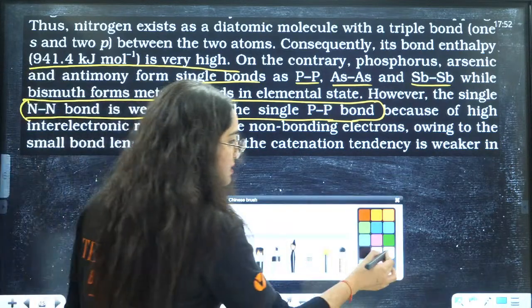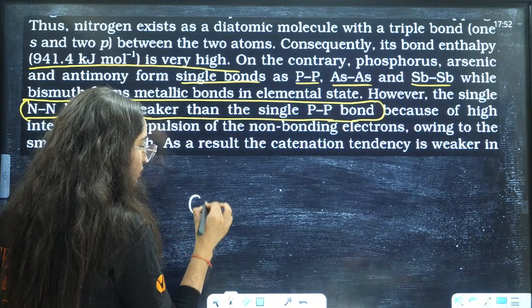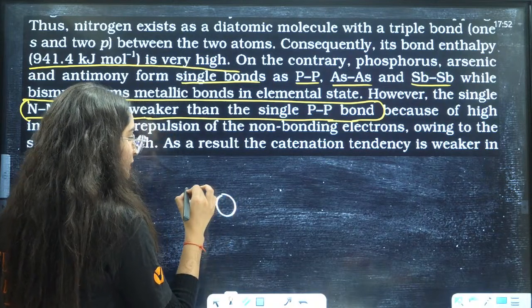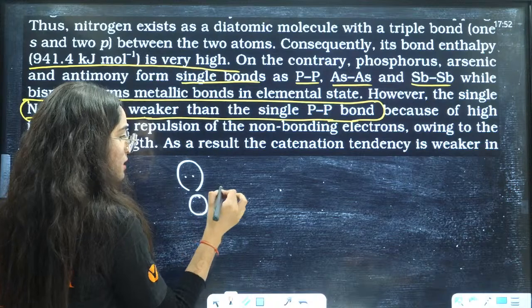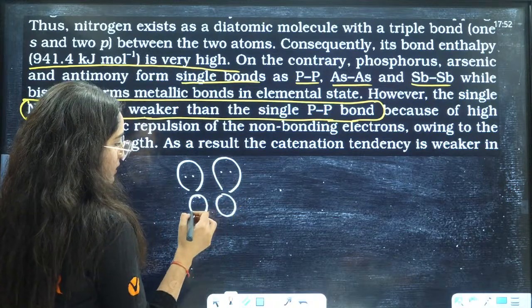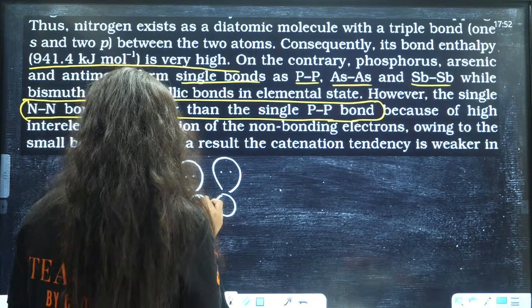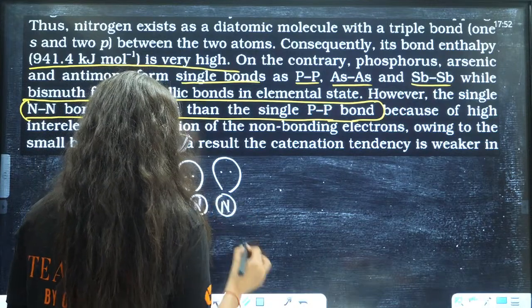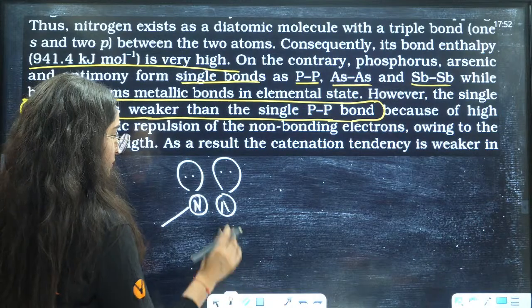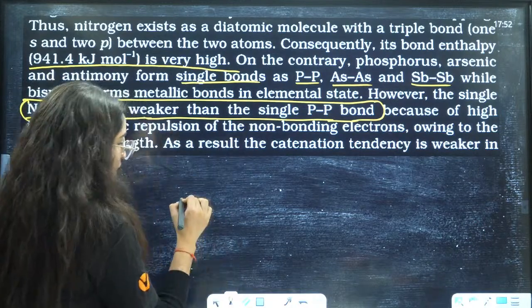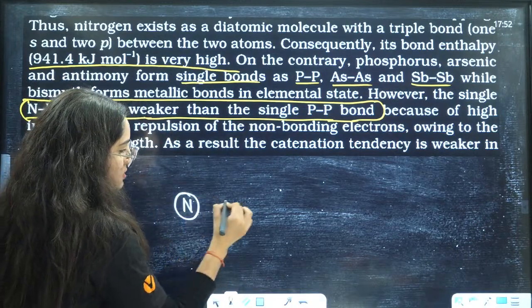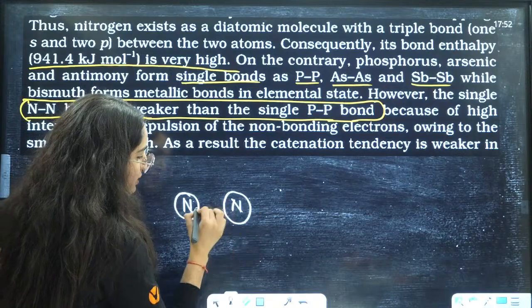So just imagine this. This is nitrogen, and these are the lone pairs. This is nitrogen, it is forming a single bond.